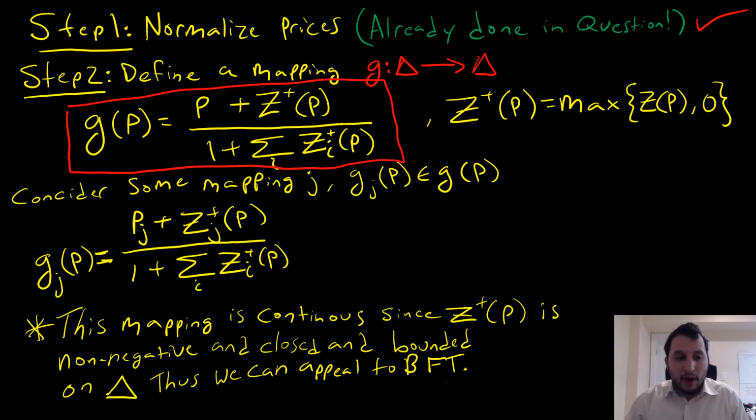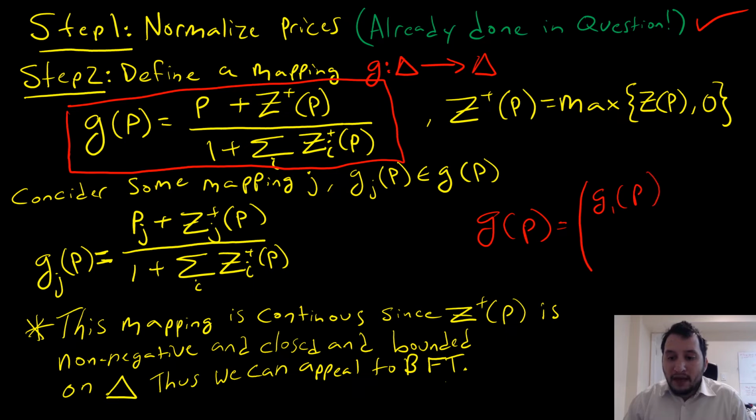We're going to consider some mapping G_j in our vector G of p. Just to make this more explicit, G of p is a vector that has many of these functions inside of it, and we're just going to pick one of them there.